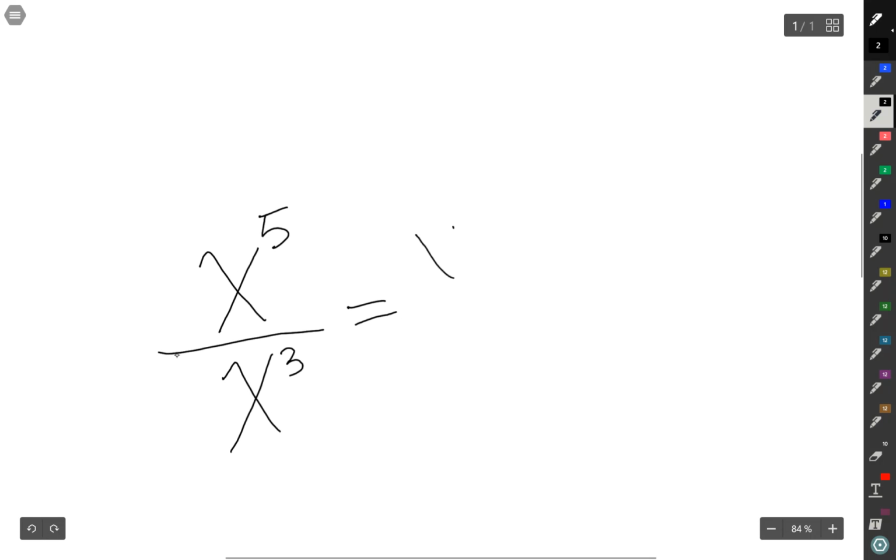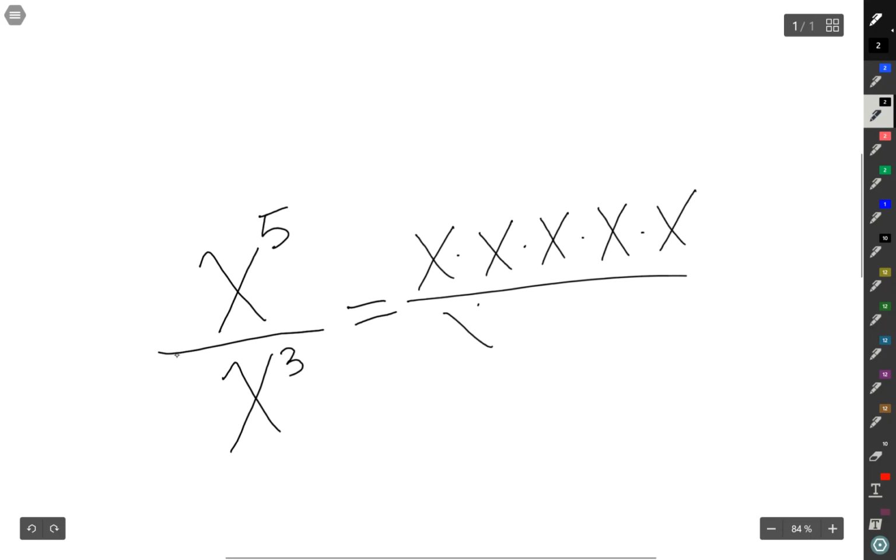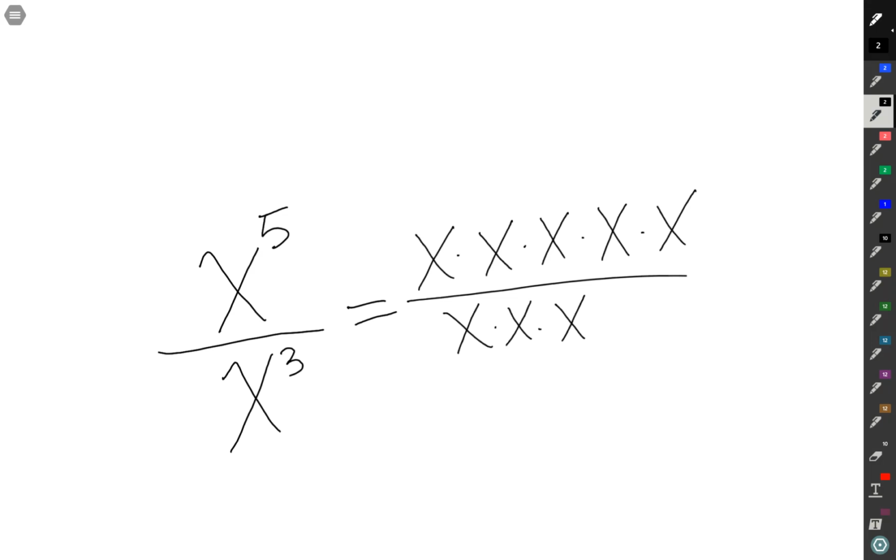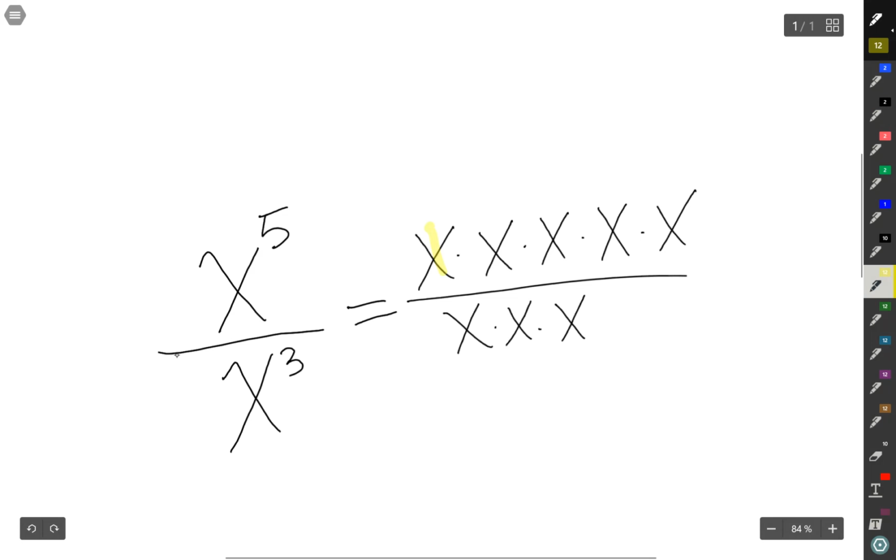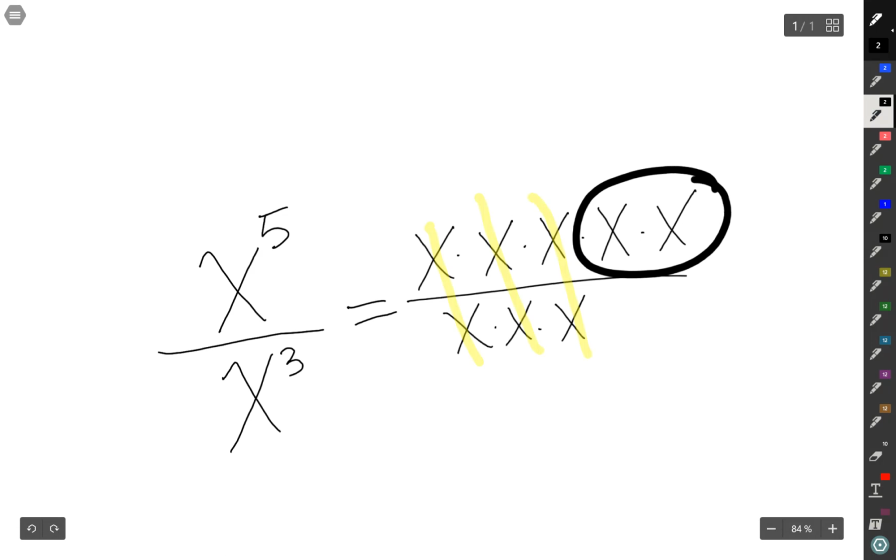Well, x to the 5th is x times x times x times x times x. There's 5 of them. X to the 3rd is x times x times x. There's 3 of them. So what ends up happening here is we get some cancelation. These would cancel, these would cancel, these would cancel. And so our end result is just going to be those leftover ones, which is x squared.